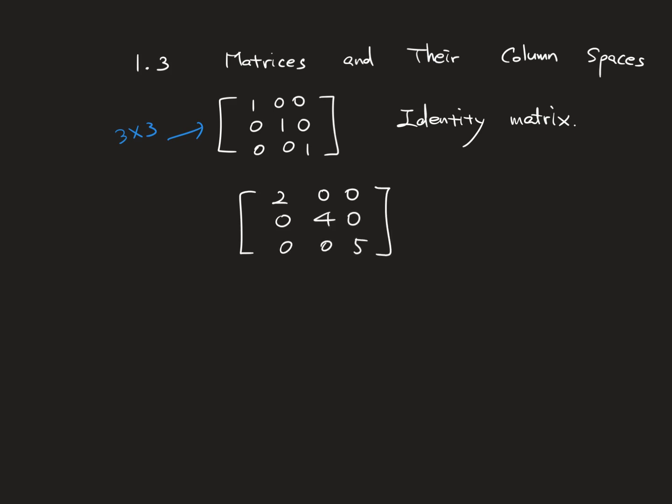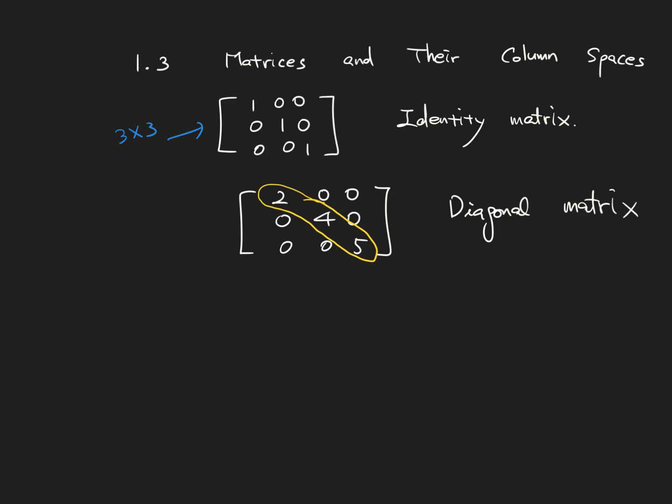This kind of matrix is called diagonal matrix, because only the diagonal elements are non-zero and the other elements are all zero. This is also 3 by 3, because it has 3 rows and 3 columns.